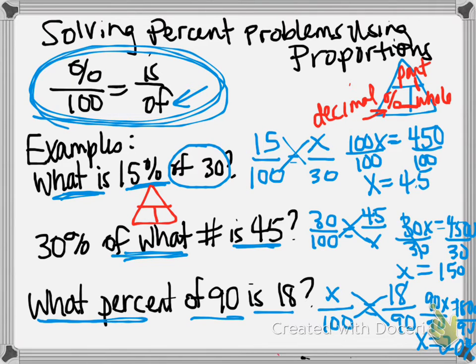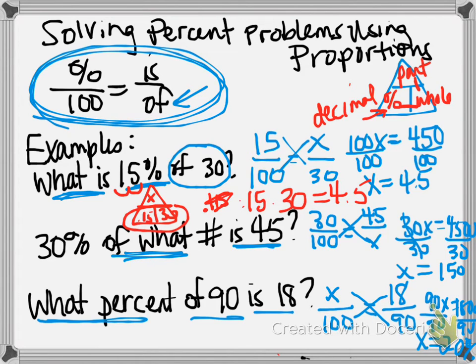You have percent as a decimal, so when you move it over 2, it'd be 0.15 of 30, that's your whole, so 30 goes there, you don't know what the part is. So these two are on the bottom, you multiply: 0.15 times 30 equals 4.5.